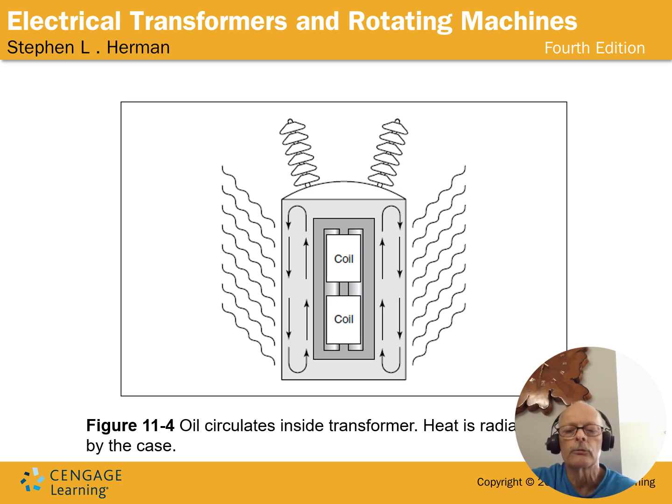The oil is circulating. It's getting heated up on one side, coming over, going back down the outside casing of the transformer housing and cooling off. And heat is radiating off of it.